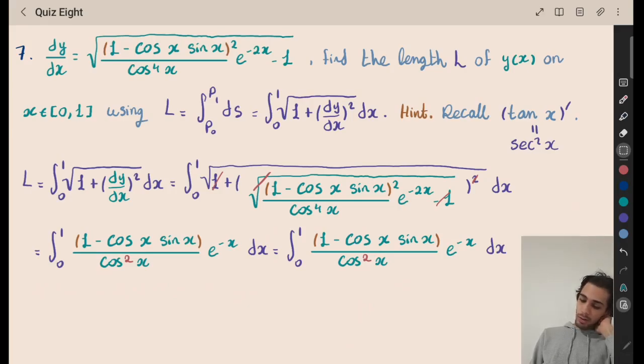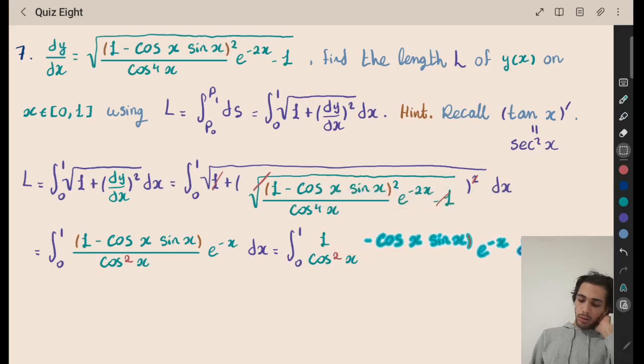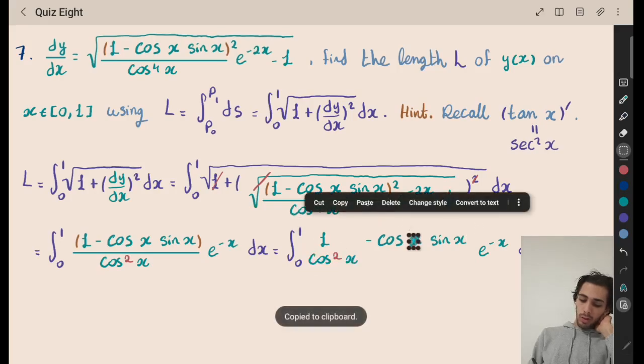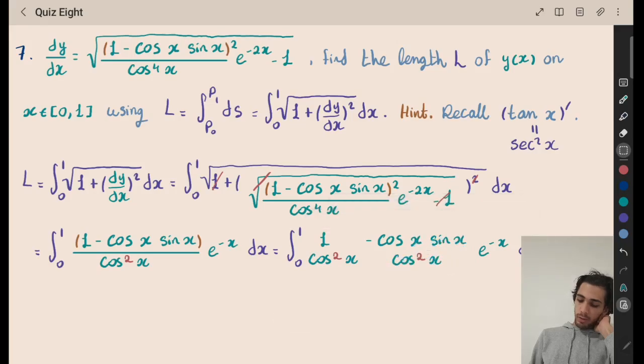I'm just simplifying stuff. So for the first term, I would get 1 over cosine squared, correct? And then I would take away from this cosine x sine of x divided by cosine squared. Now, this is all being multiplied by e to the minus x.